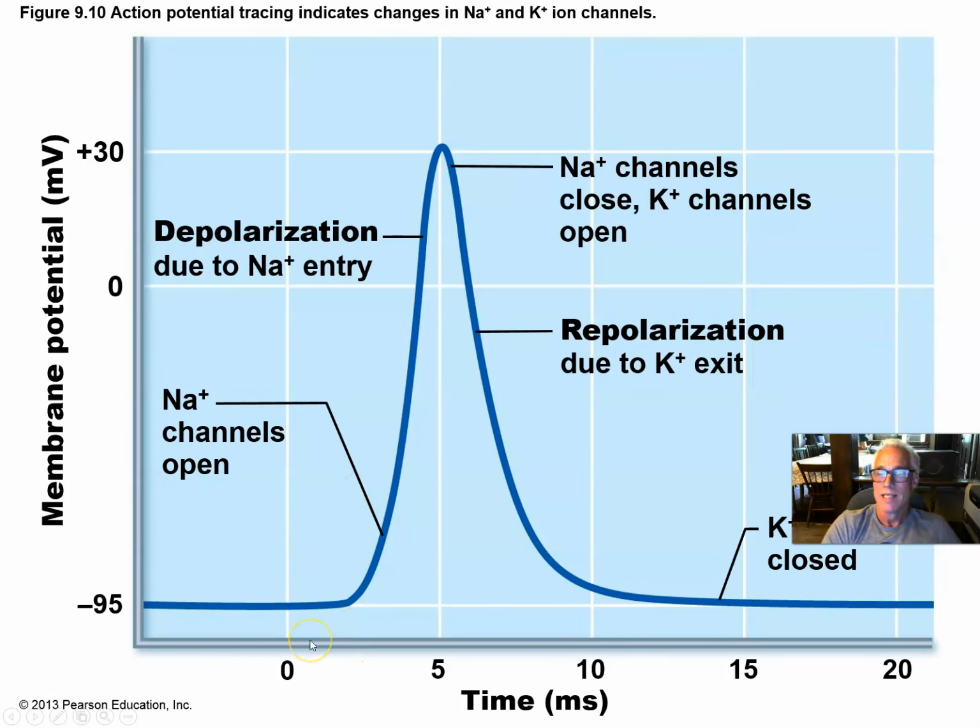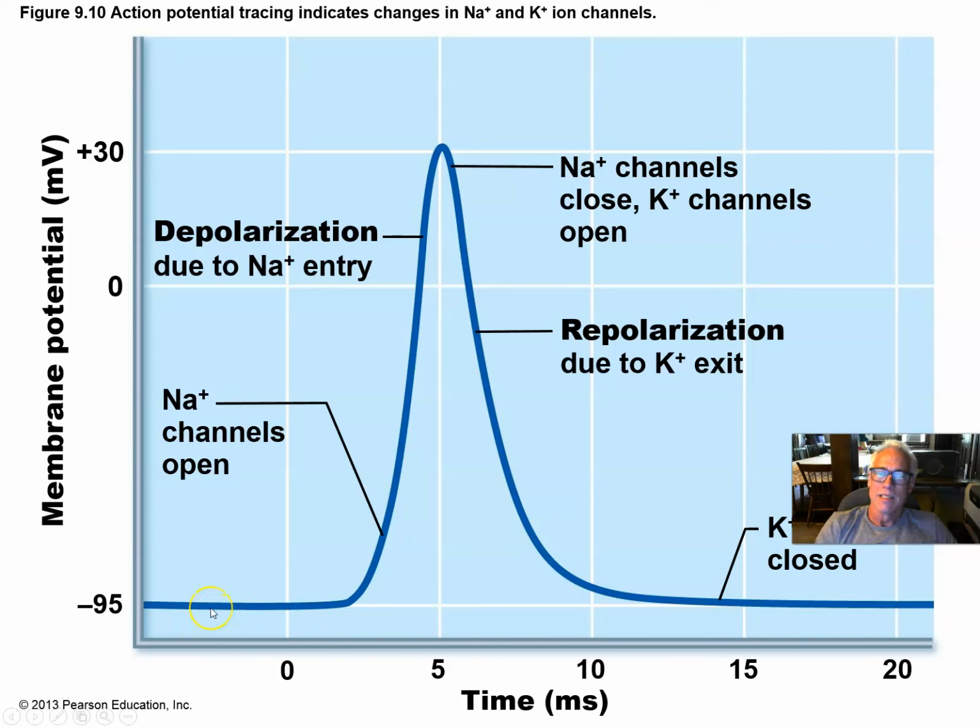Another way of visualizing the action potential is to think what it would look like if we could stick a tiny wire into the membrane at some point, and a tiny wire outside the membrane in the fluids, and connect them to a voltmeter that measures charge differences. That's what a voltmeter does.